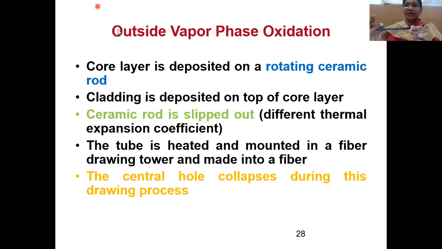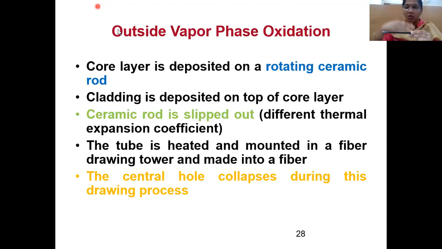When I see that sufficient deposition of the core has taken place, then I will stop and then deposit the cladding on top. Again the burner will be there over it. From this side I will introduce the gases, SiCl4, and this oxyhydrogen torch is there. So SiO2 soot particles are formed over here.